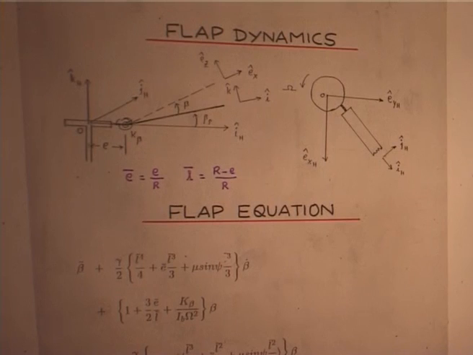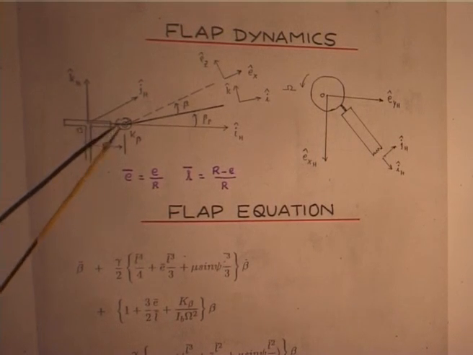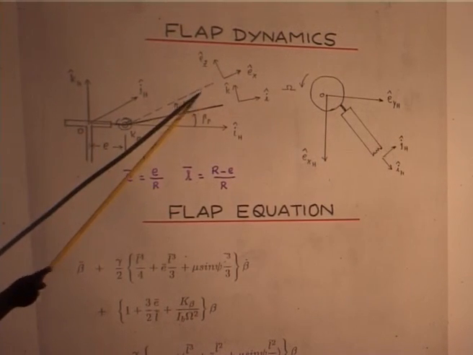You balance the root moment, take the aerodynamic load, but now the length of the blade is different from the radius of the disc, because the radius of the disc is E plus the length of the blade.